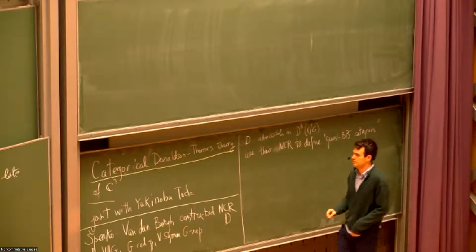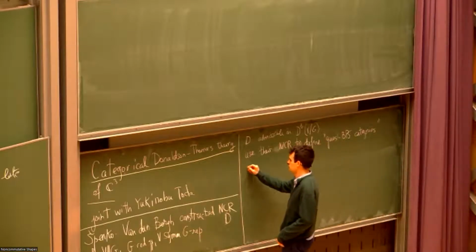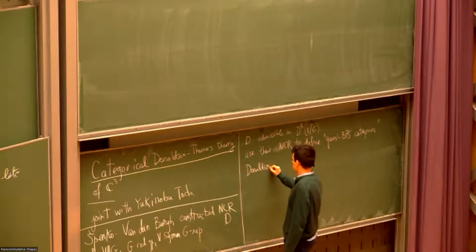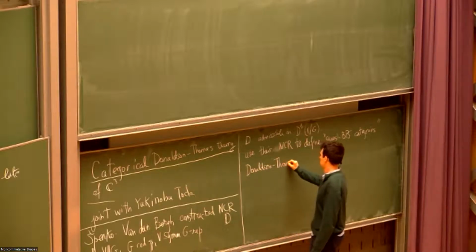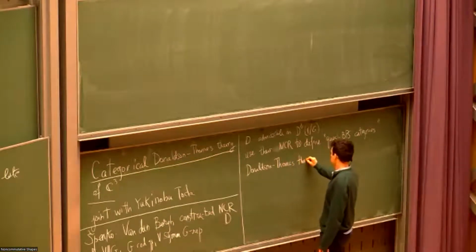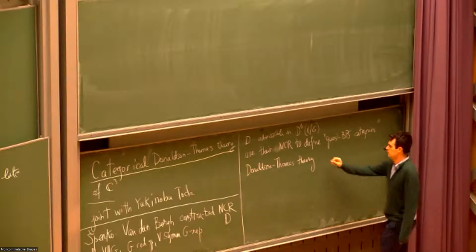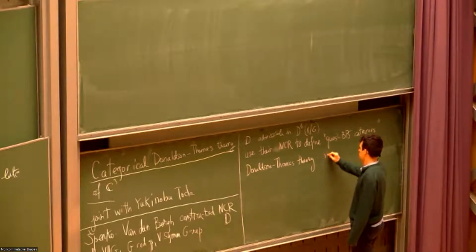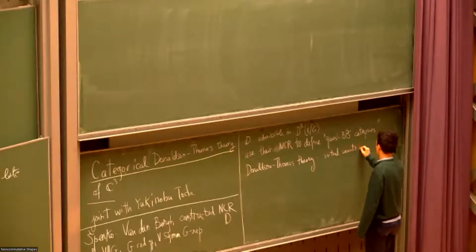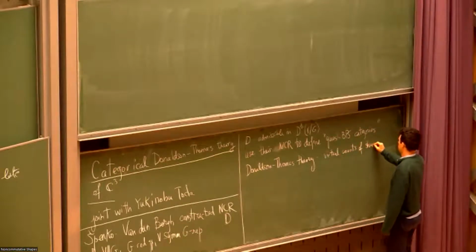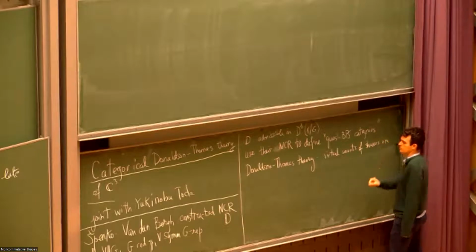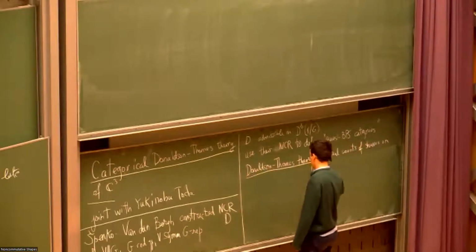So now let me say a few more words about Donaldson-Thomas theory. So this is about virtual counts of sheaves on Calabi-Yau threefolds.